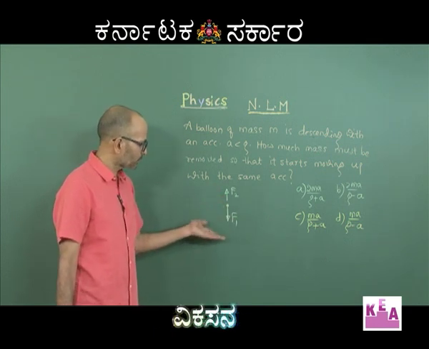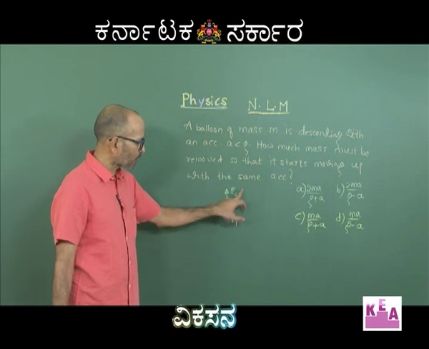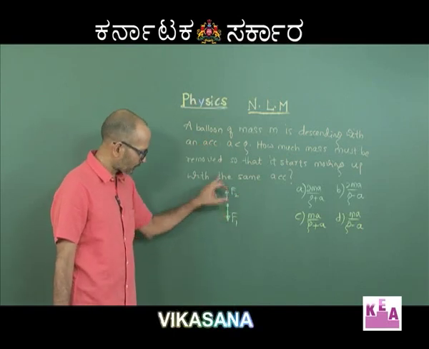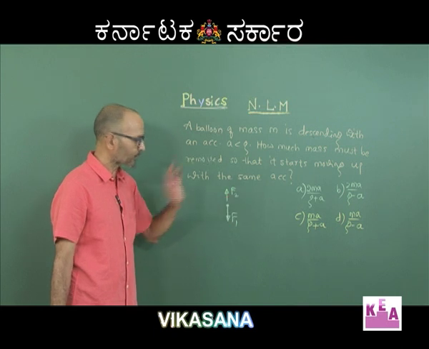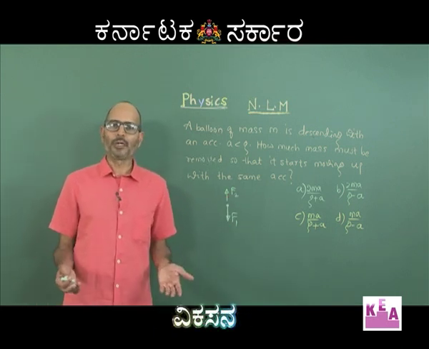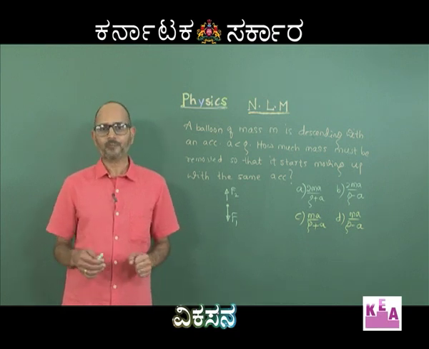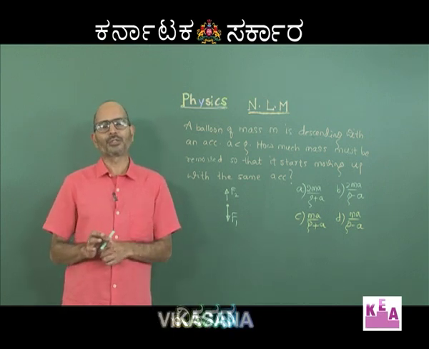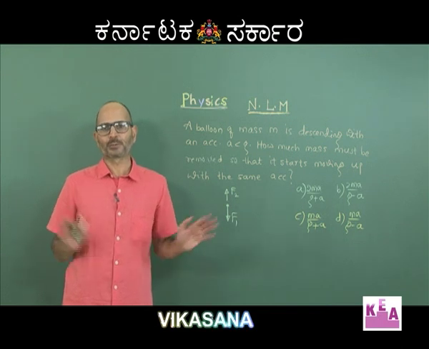Now suppose this particle is accelerating upwards, we write F2 minus F1, and if it is accelerating downwards, we write F1 minus F2, because we are all habituated with writing F equal to ma and never F equal to minus ma. So always take the force in the direction of acceleration to be positive.